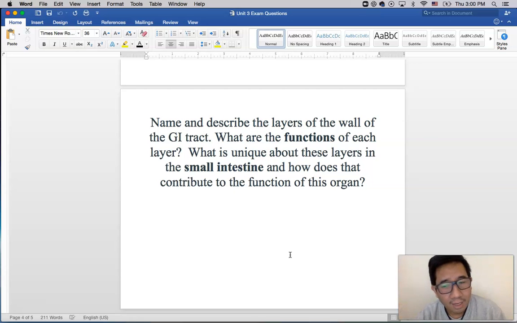You have mucosa, serosa, submucosa, and muscularis. You should know what those sections are about, and we have to describe what those sections actually do. Okay, I will pick two out of these for you to answer. So make sure that you should be able to answer them.